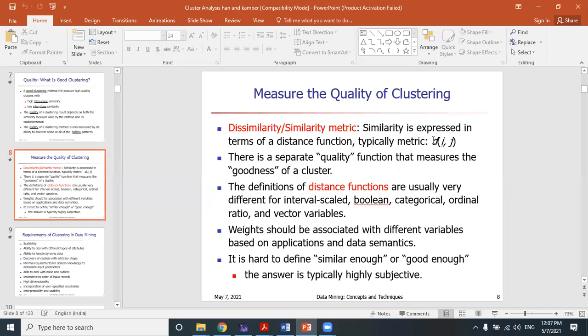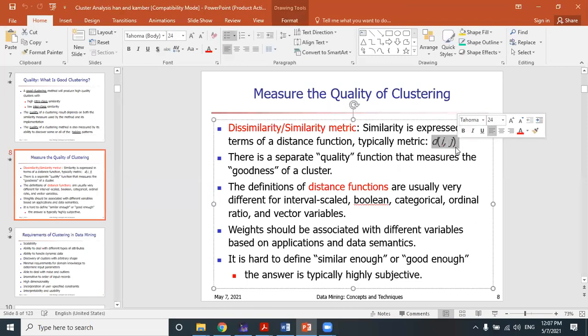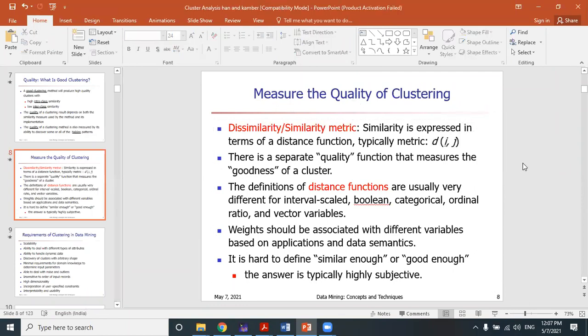The distance function is represented in the form d(i, j). d represents the distance, i represents object i, and j represents object j. That means the distance between these two objects is represented by d(i, j).